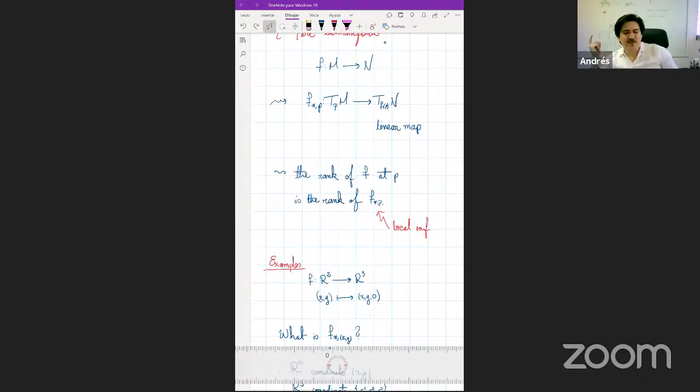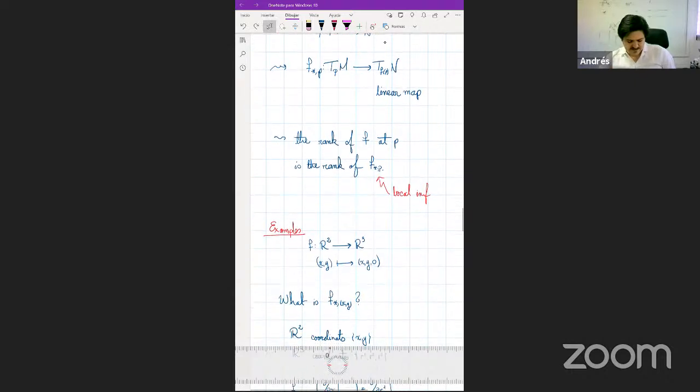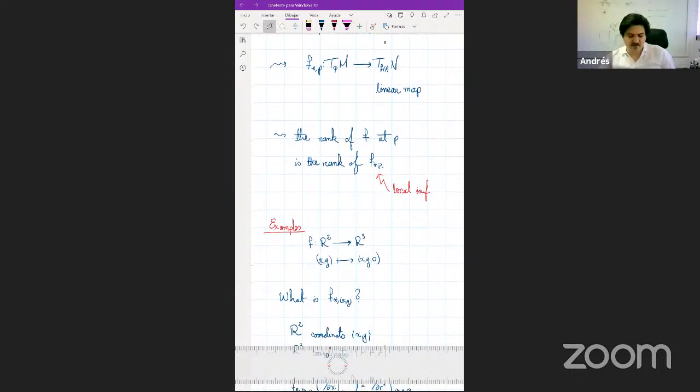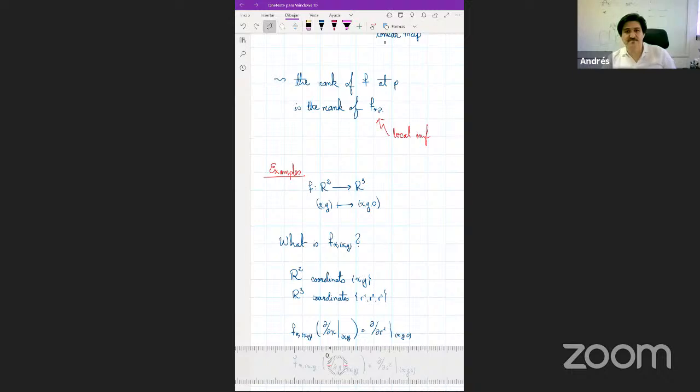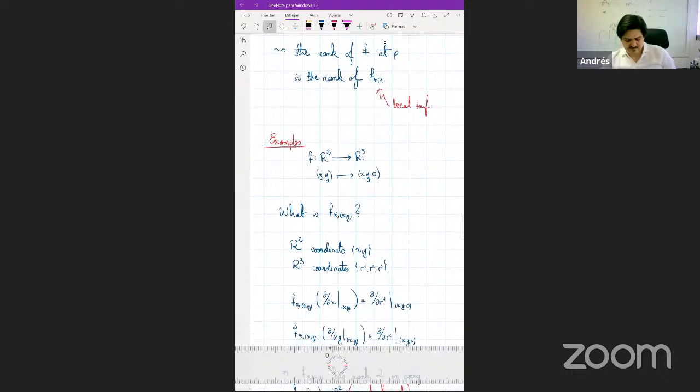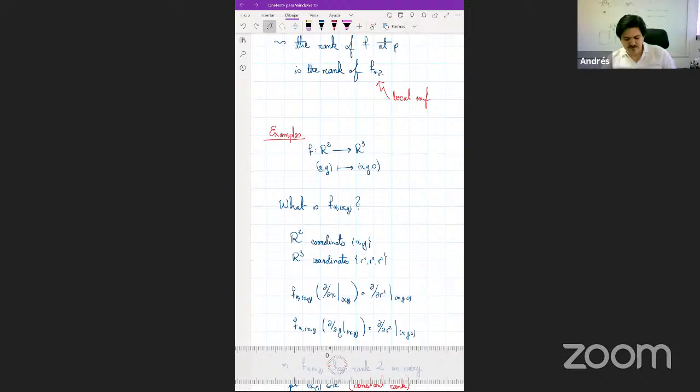Now, this is basically multivariable calculus. So what is the differential? Let's put x, y as the coordinates on R2, and R1, R2, R3 as coordinates here. And basically what you're doing is this. That's how the differential looks.